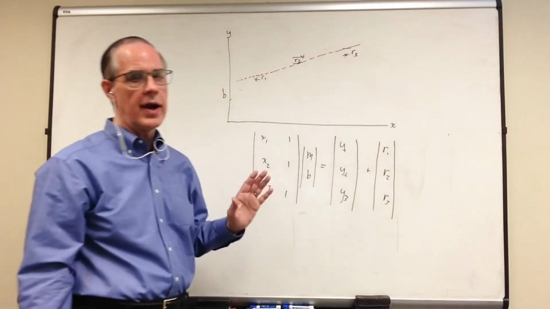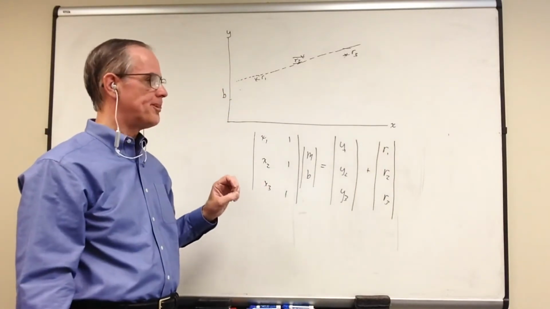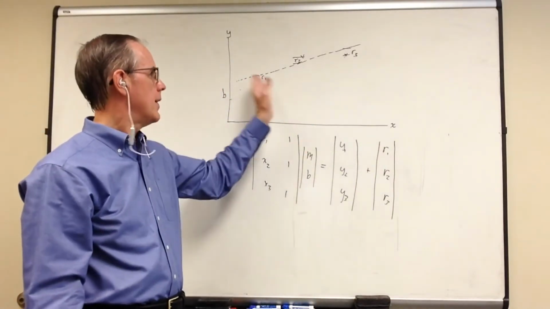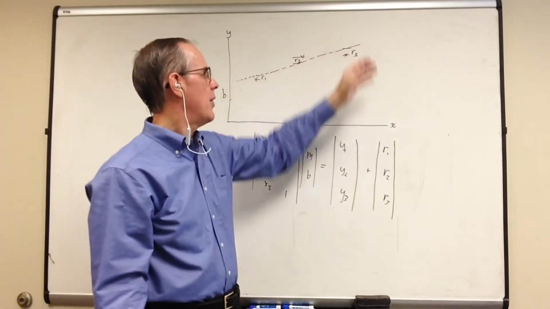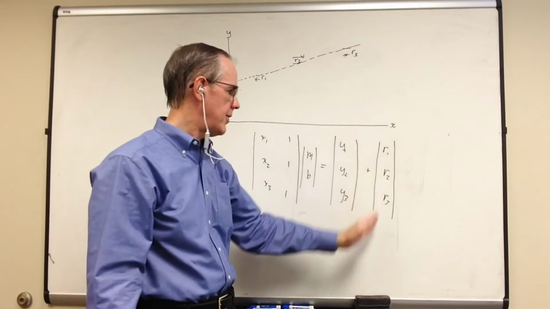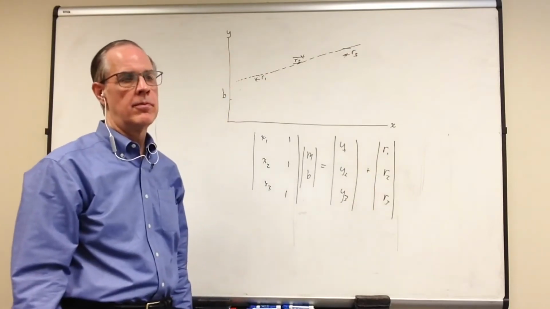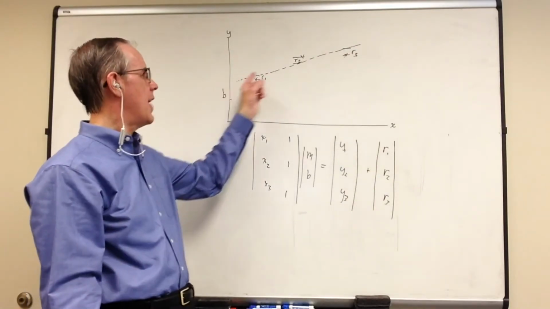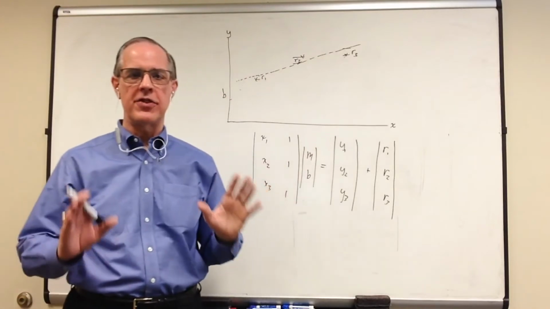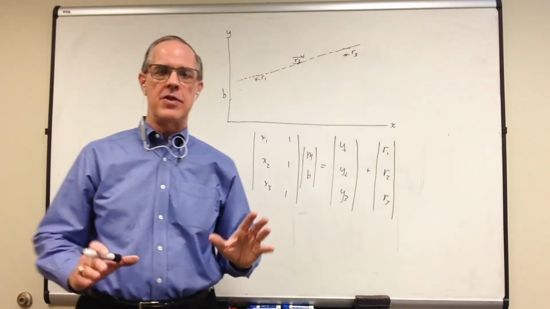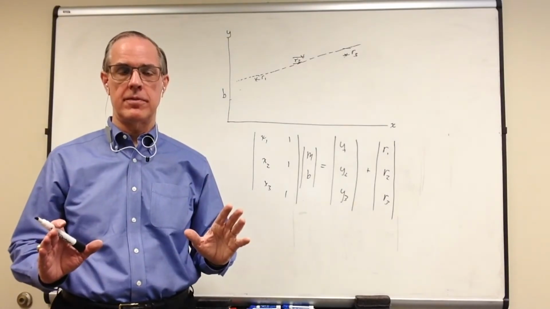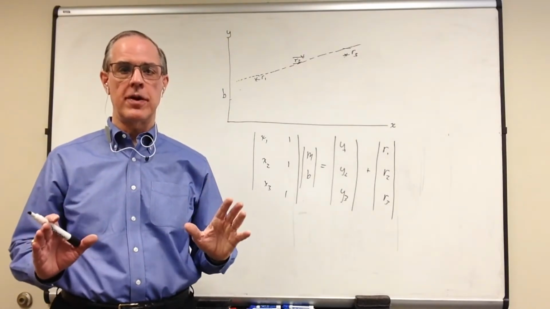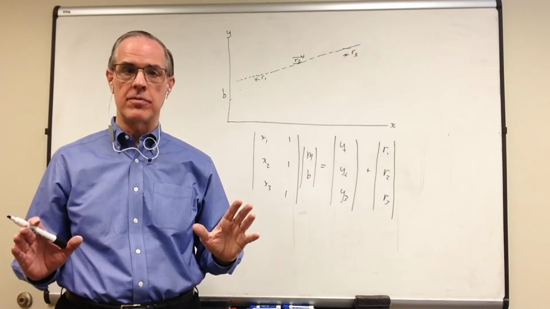Now the question arises, what I want to do is minimize this residual so that this line will be the best fit. It's not necessarily the perfect fit for this data, but it is the best fit, given the restrictions I've put on in terms of the form of the solution.